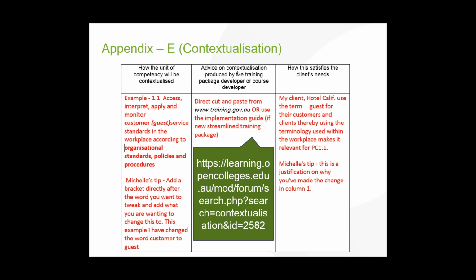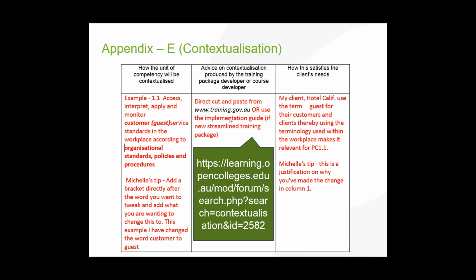For the middle one, the second column, which is saying advice on contextualization produced by training package developer or course developer, go to this link, Learning Open Colleges, copy and paste. Go to this link, you would find an example of contextualization. Copy and paste whatever we have there.